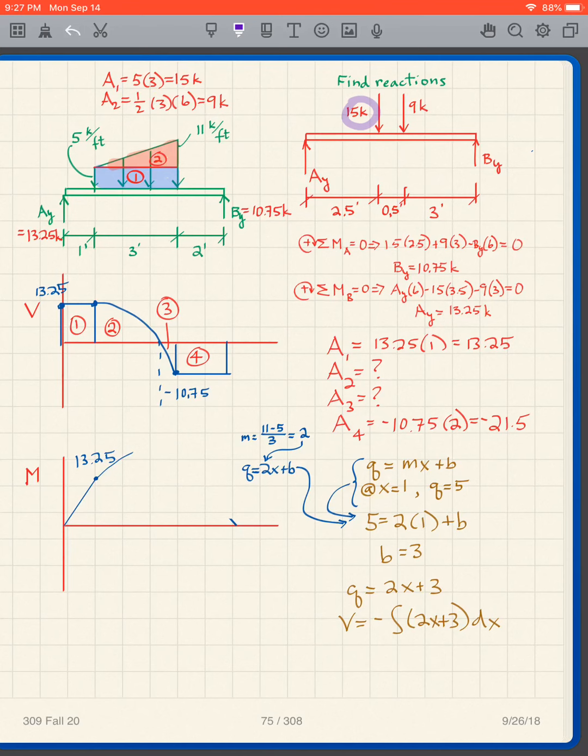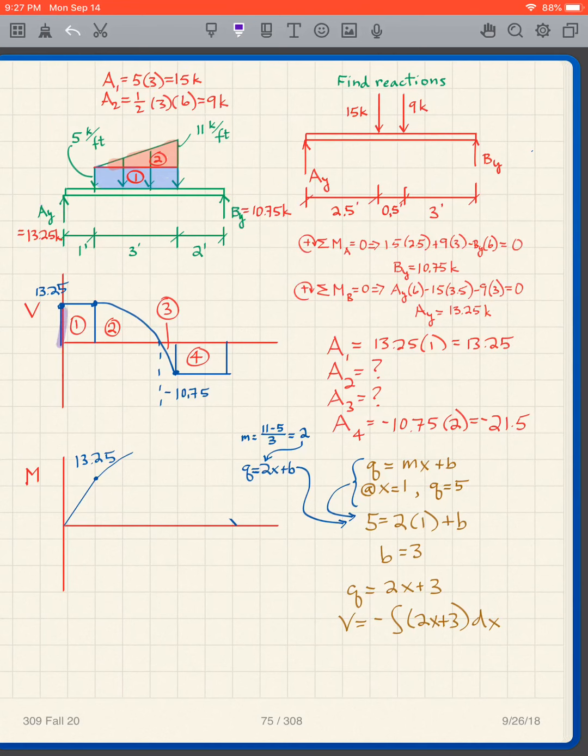And you should be able to then take this free body diagram, take the sum of the moments about A equals 0, take the sum of the moments about B equals 0, and get the reactions AY and BY. I can write those in here. I then draw my shear diagram.